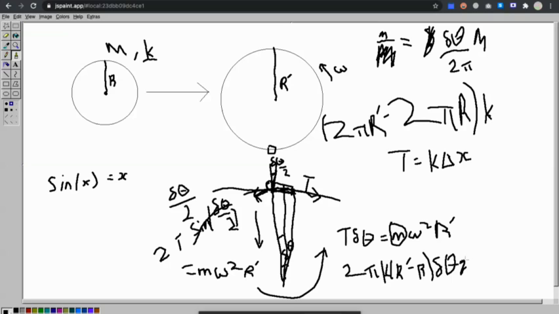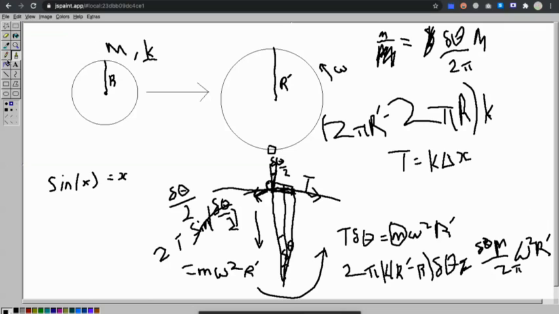So this is going to be equal to delta theta M over 2 pi times omega squared r prime. Okay, so now we can just solve for r prime.